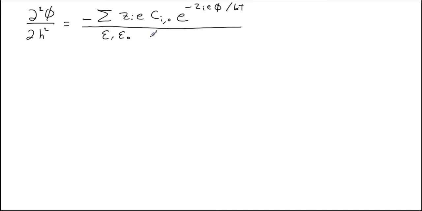Over here we have concentration, but notice the bulk concentration is a constant. It's not a real variable. The only variable we have over here is the potential. Notice we have the potential here and the derivative over here, which means this is a differential equation. We'll look at a way we can make this into a simpler differential equation in the next screencast.